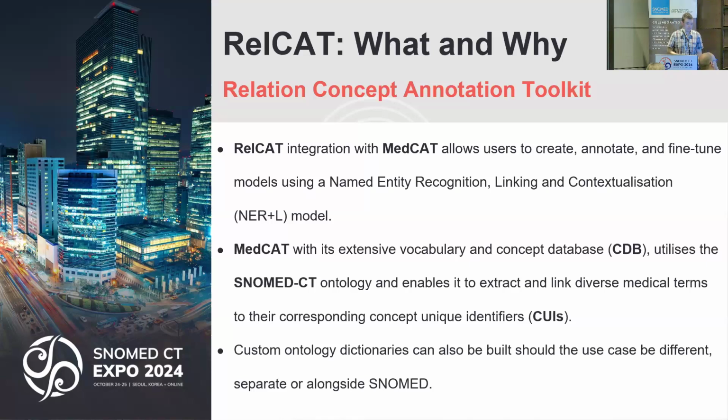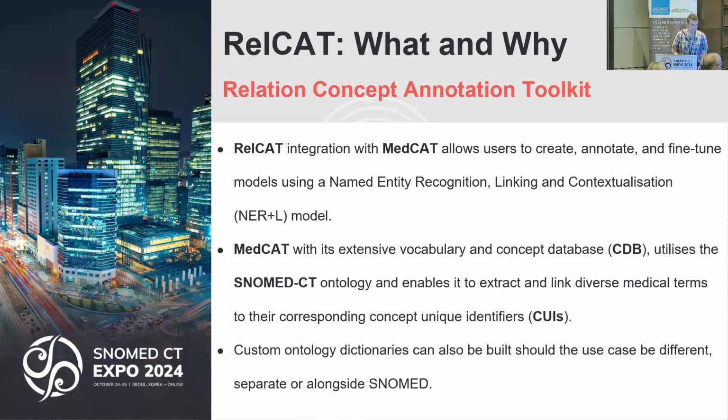So in MedCAT, you have two basic components, the vocabulary and the concept database. For this, we use the SNOMED CT ontology because it enables us to extract medical terms easily and also map these terms to a specific identifier, in this case a concept identifier, so CUIs. Of course, you can build your own custom ontology dictionary with or without SNOMED.